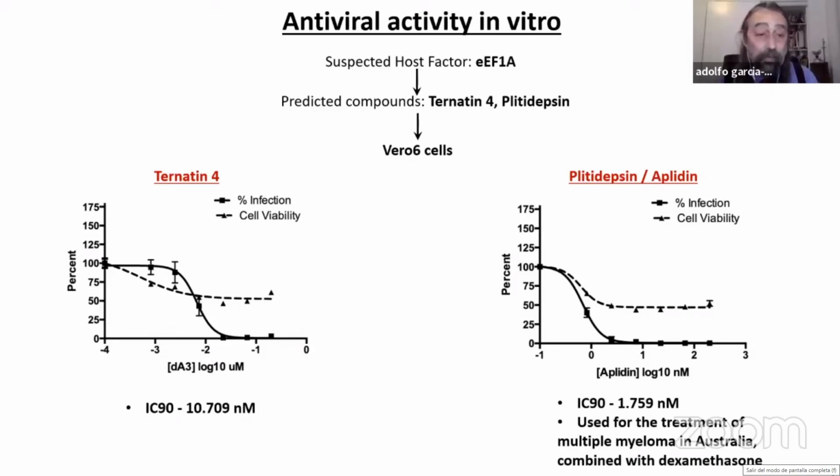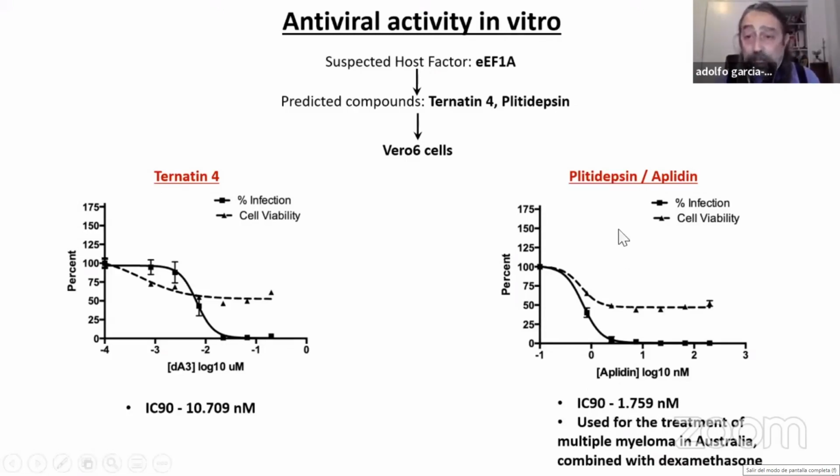And Ternatin-4 is working very well, but even better is Plitidepsin, which is also targeting the same factor, and has another name, Aplidin, but it's the same compound. The IC90 is in the nanomolar range, even 10 times better than Ternatin-4.